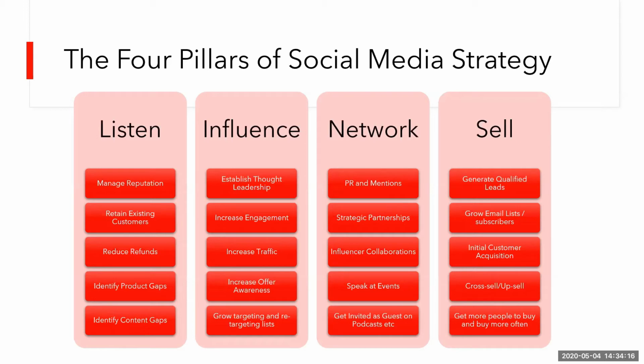So these are all things that you will achieve through social networking. And the final pillar is social selling. So what you get done here is you generate qualified leads, you grow your email lists and subscribers, and you get into your initial customer acquisition. And not only that, you cross-sell and upsell whatever it is that you have as part of your product or service, and you get more people to buy and buy more often.